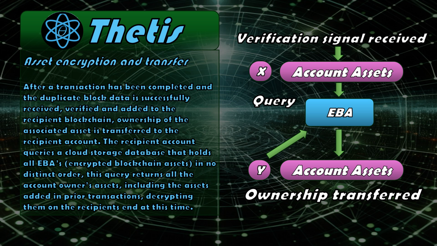You can have different accounts. It's not just that I have a wallet and my wallet is how I do everything. A wallet is only in the Thetis blockchain. This is a good clarification for a distinction here. In the Thetis block matrix environment, a wallet is just one EBA. It's just one asset that's held in your account assets.